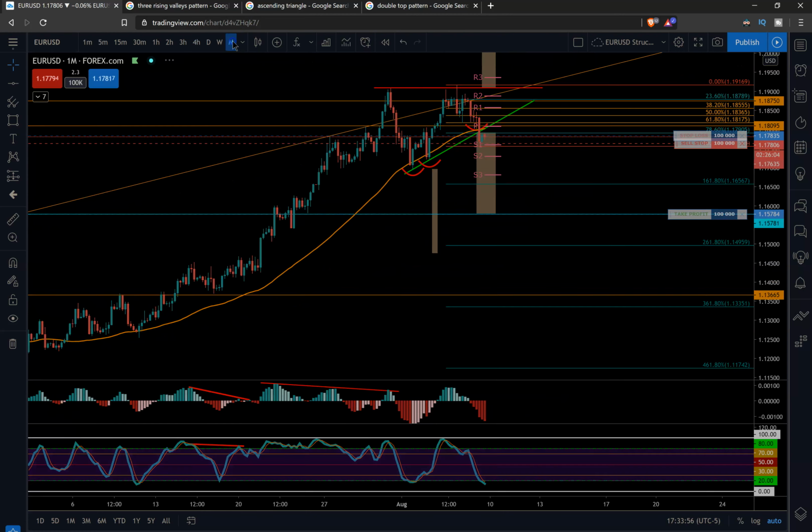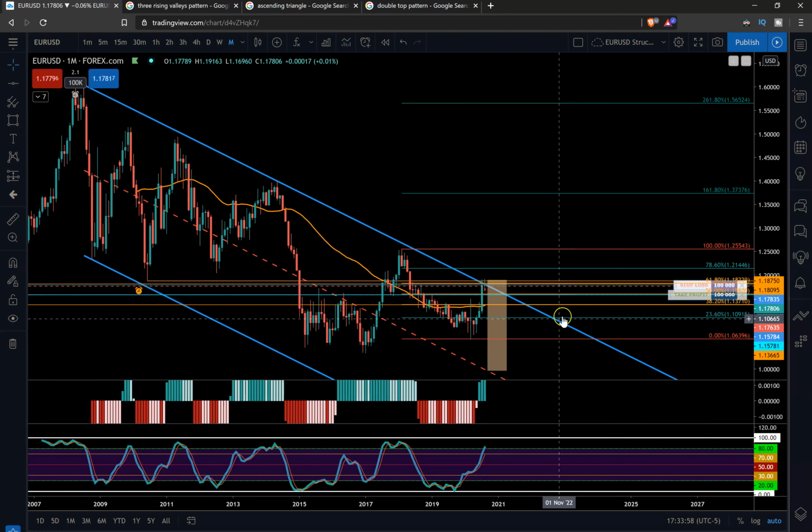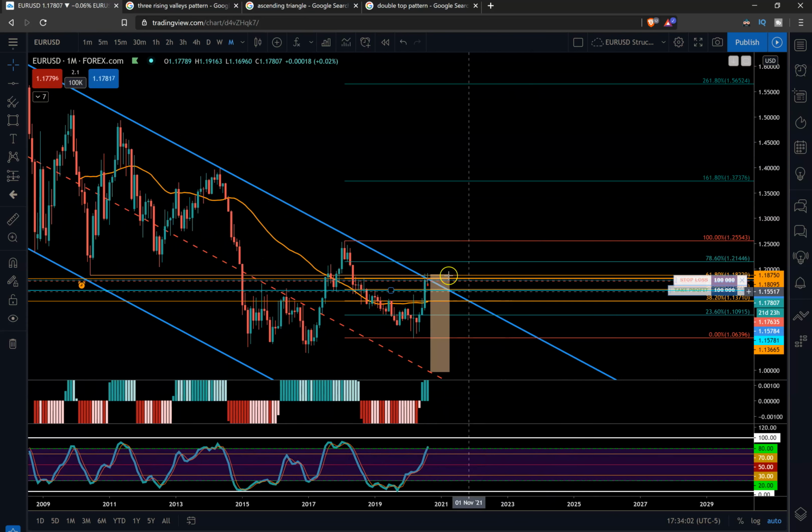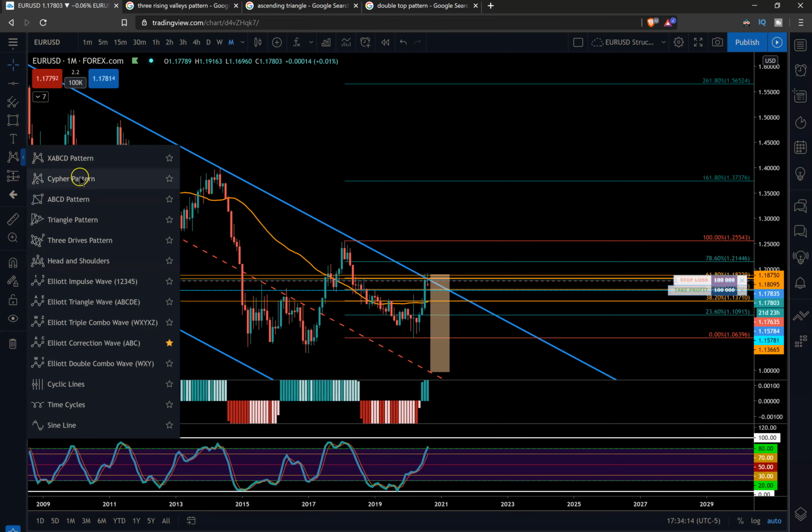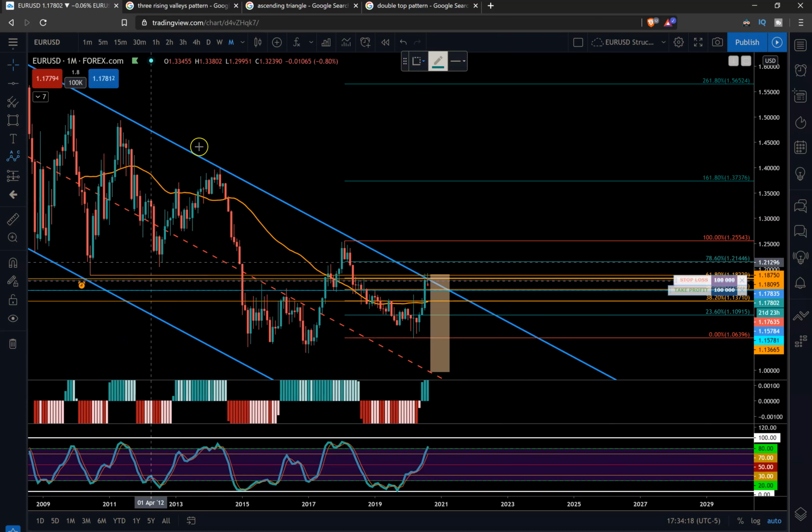If we look at the monthly, like we said, the price did a 618 reversal and a measured move. So as you all know, A equals C. This is A. As a matter of fact, let me get it out. Go to my tools, ABC pattern. Here we go.